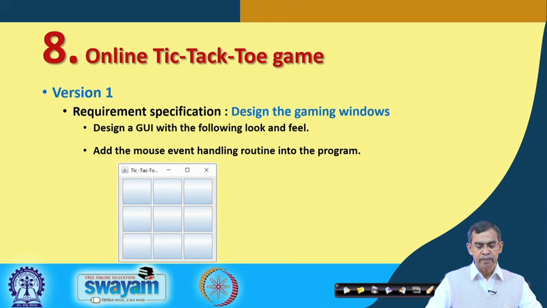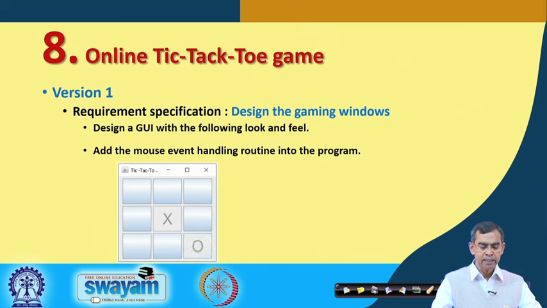This is a very trivial task, and this is obviously the first phase of the project. The next part is the event handling. Players will select a particular button, and one player's selection will be marked as x.